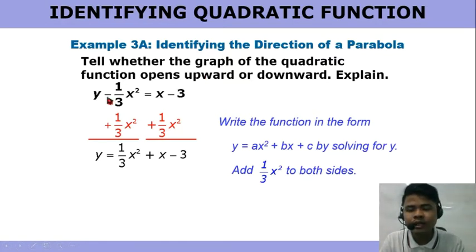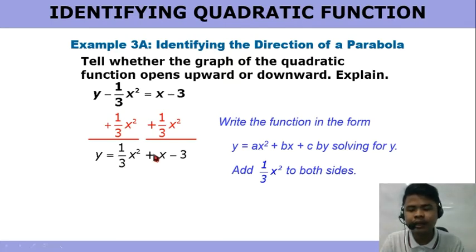Since negative 1/3 x squared siya, kapag inilipat natin sa right side, magiging positive 1/3 x squared siya. Then plus x minus 3. Then dito, we will determine if this parabola opens upward or downward.